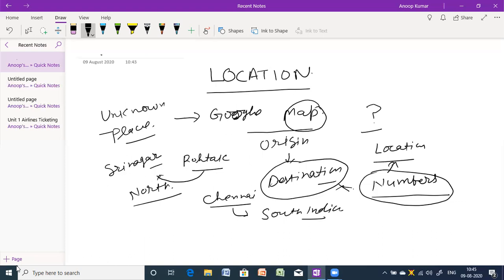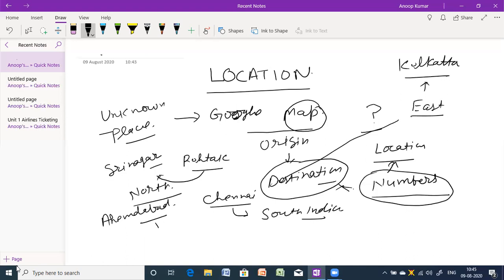And if I ask you where is Kolkata, you will say that, sir, Kolkata is in the eastern part of India. Similarly, if I ask you where is Ahmedabad, you will say that, sir, Ahmedabad is in the western part of India.